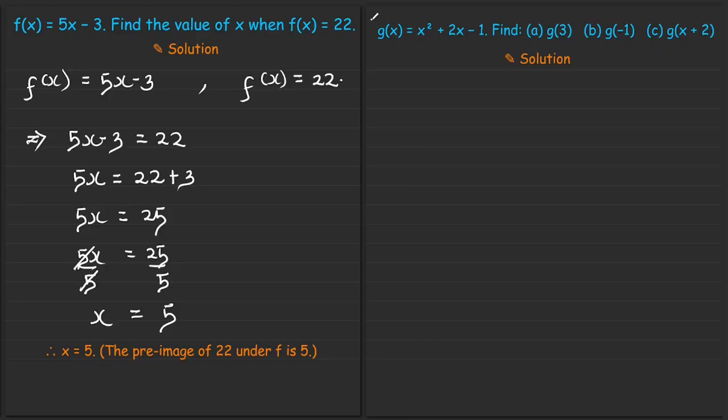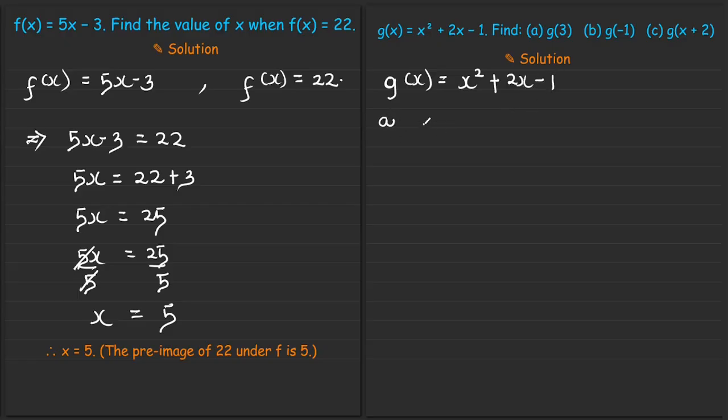Our third question says g of x is x squared plus 2x minus 1. We have to find g of 3, g of negative 1, and then g of x plus 2. So first of all, we know our function g of x is x squared plus 2x minus 1.